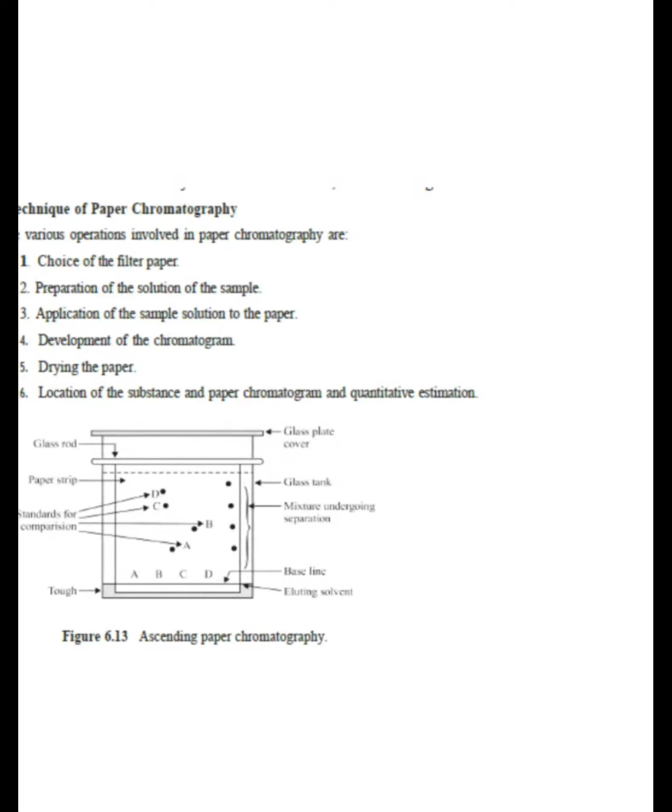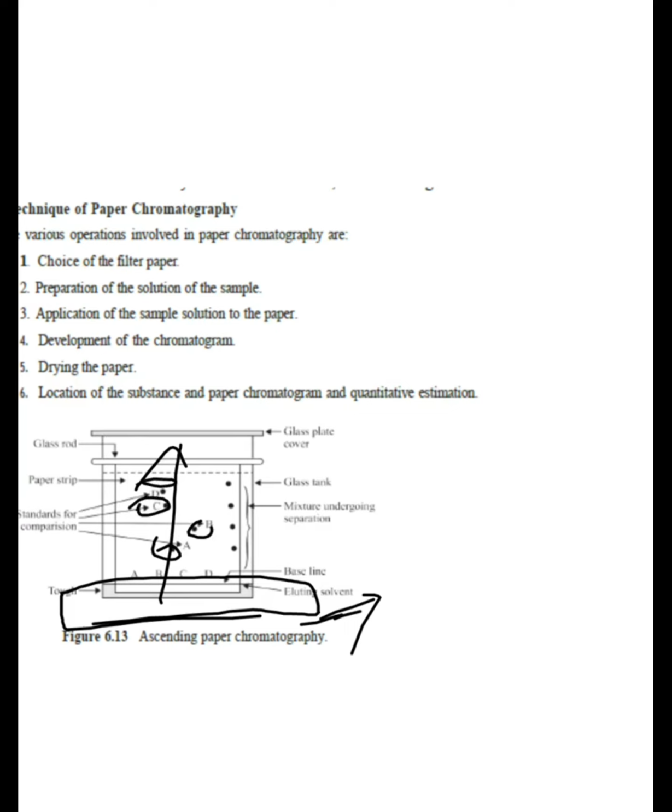The mobile phase, different solvents, is in the beaker. It moves upwards in the paper chromatography, and different bands are formed, A, B, C, D, and different spots are seen, formed while the mobile phase moves upwards.